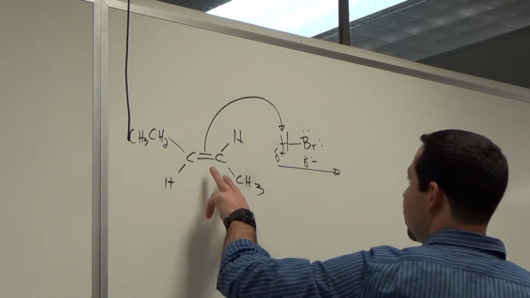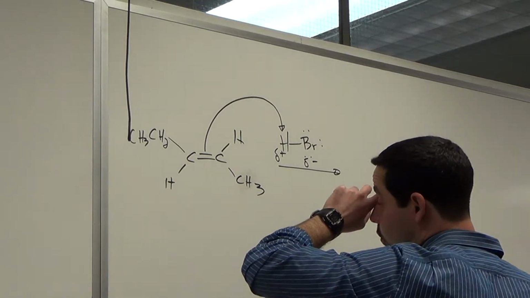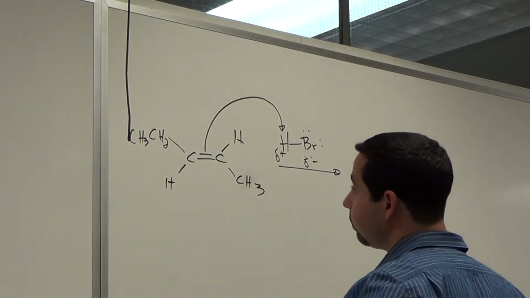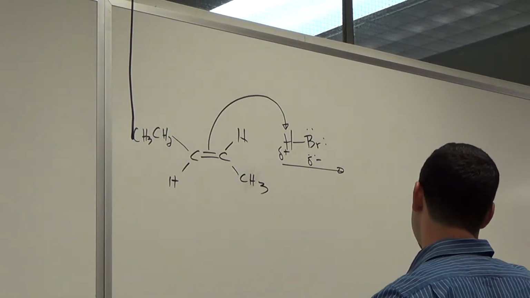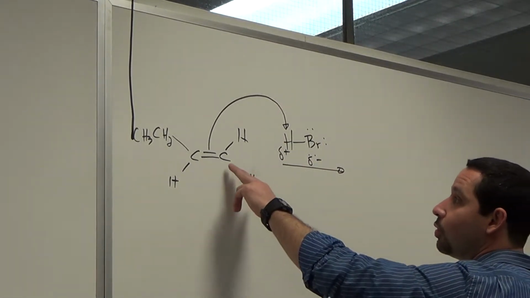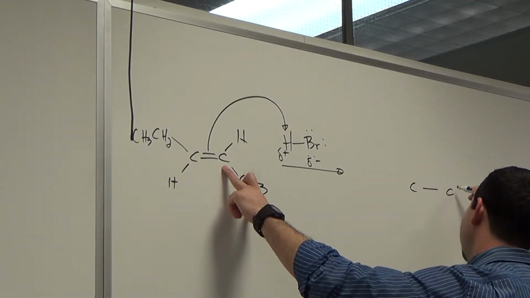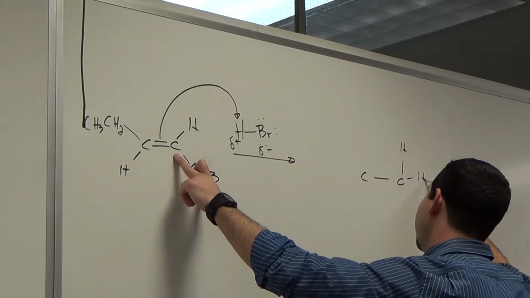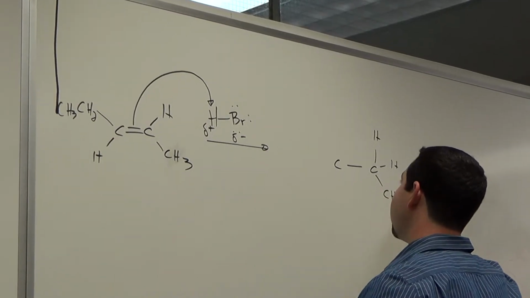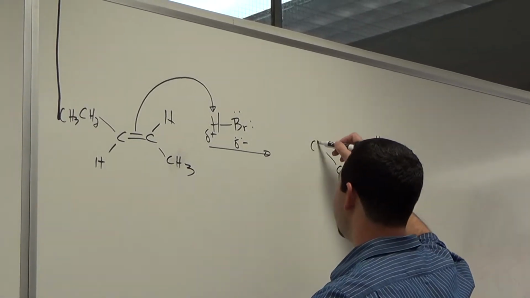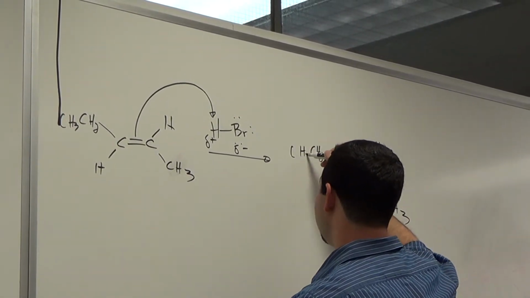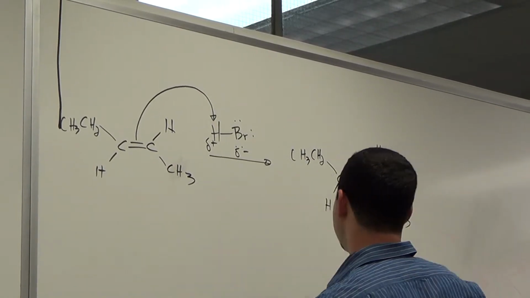The hydrogen is going to go to one of these carbons. Let's say the hydrogen goes to this carbon here, and this is going to be CH2, CH3 with the H.